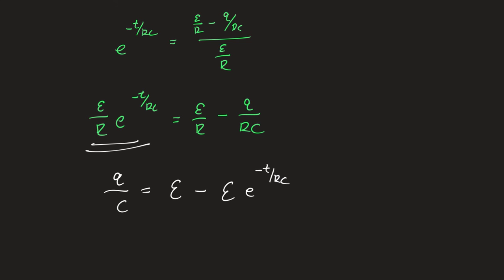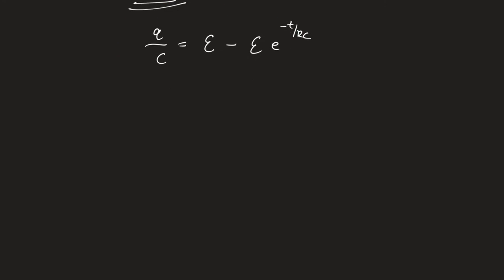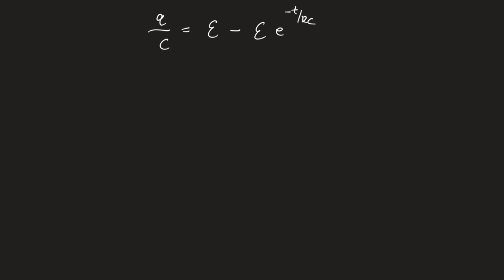And would it bother you too much if I collected the e? Because I think that's an okay thing to do. So I'm going to collect the e. So I get Q over C equals e to the 1 minus e to the minus t over RC.